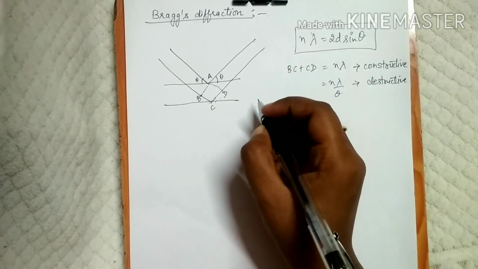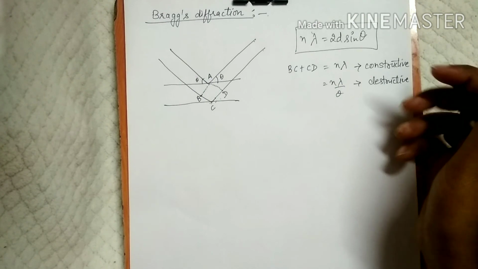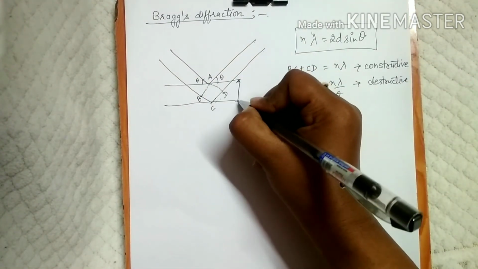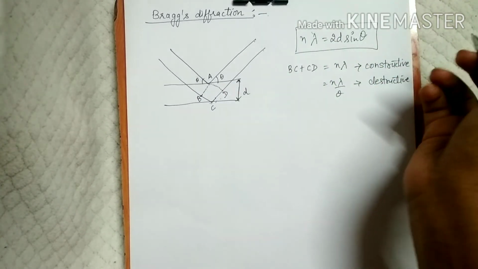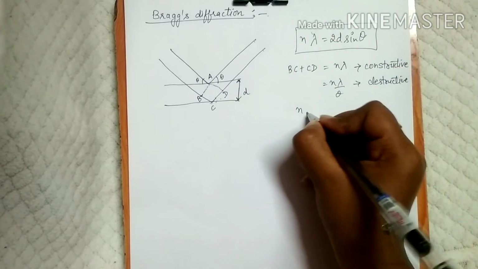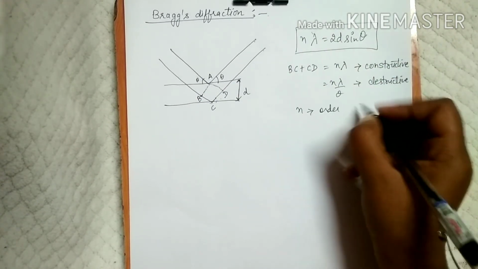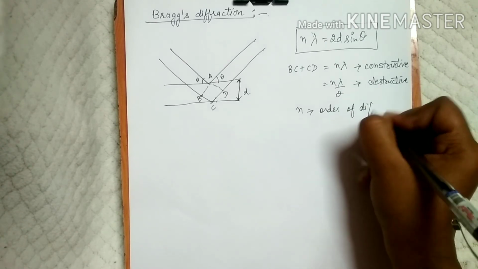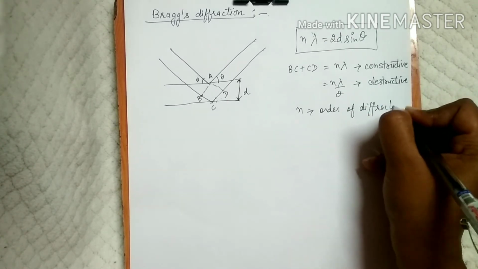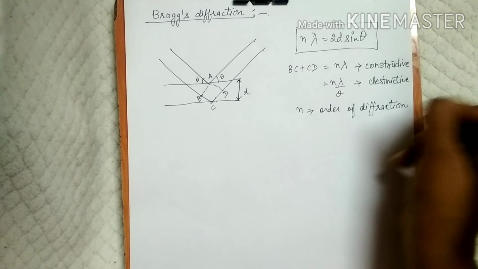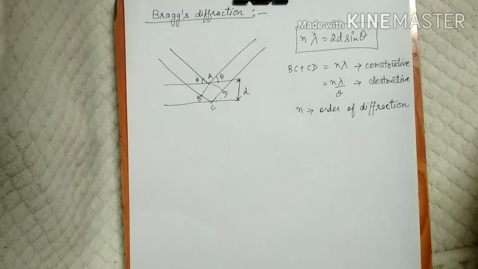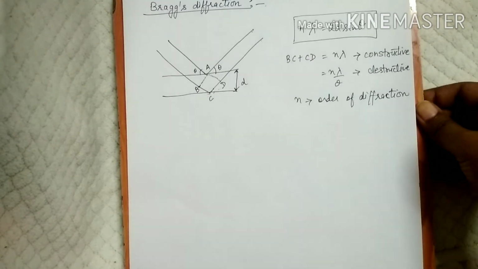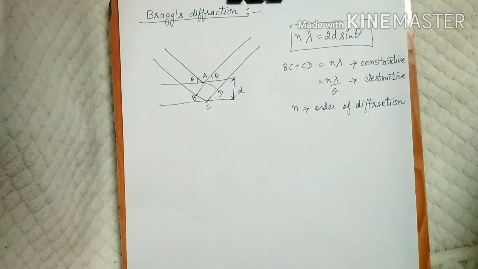Here d is the distance between these two planes, small d, and theta is the angle which I have told you. n is the order of diffraction. I'm not explaining Bragg's diffraction very elaborately because I hope all of you have studied this already, so I'm just giving you some major points.